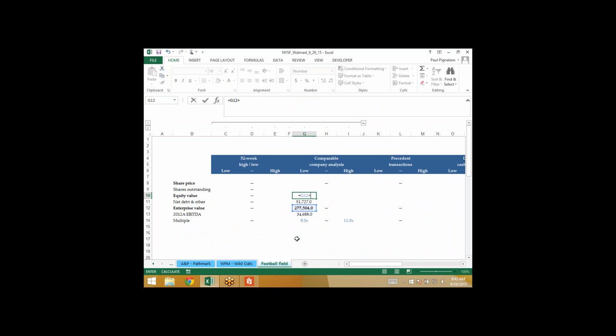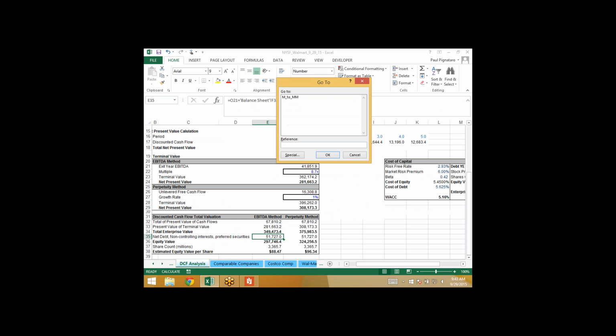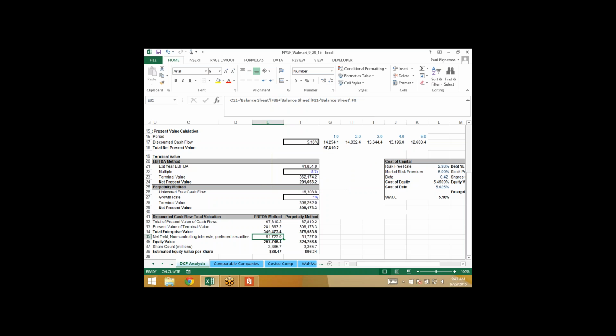And so the equity value is a sum. And that number, if you'd remembered, we calculated that together when analyzing the DCF analysis, 51727. I kind of just pulled it from there, because we used 2012 information for this DCF.